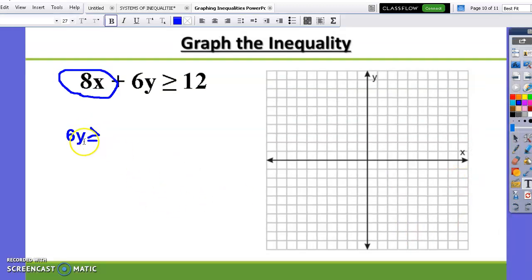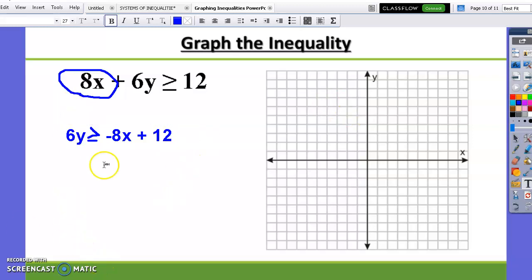And now I'm moving my 8 over. So 8 was positive on the left. So over here on the right, it's a negative 8x. And then you just bring down your 12. It's a positive 12, so I'm going to write plus 12.